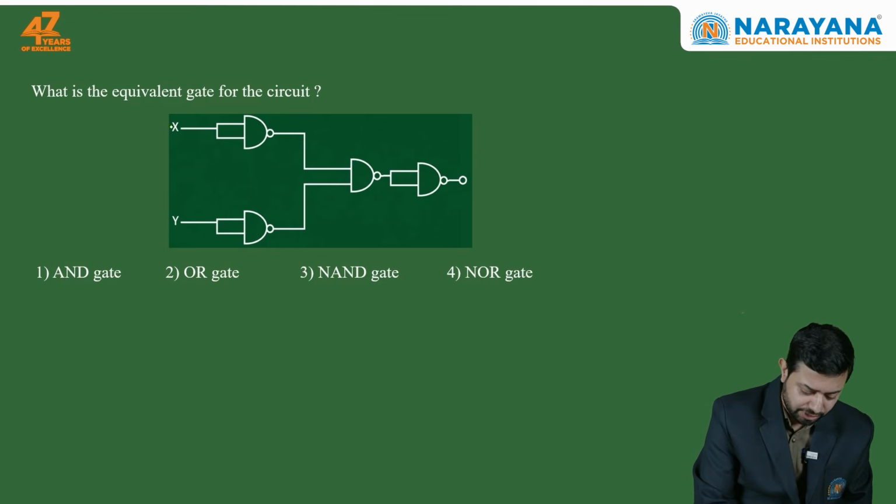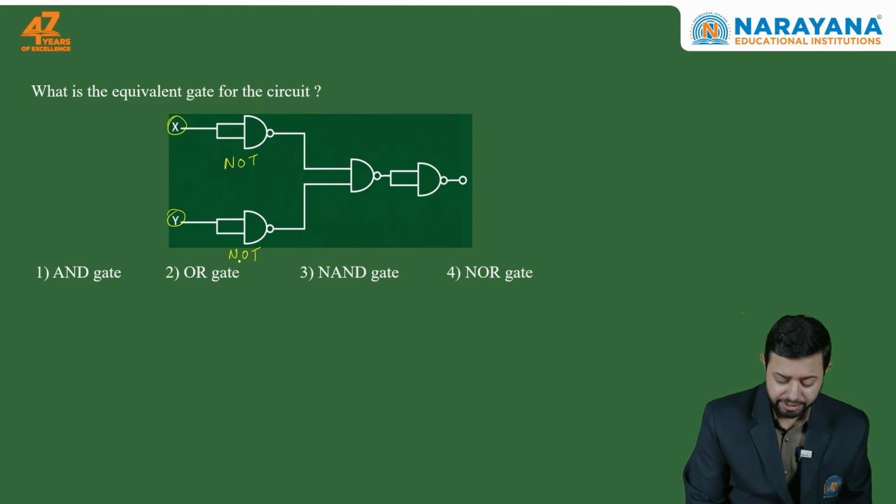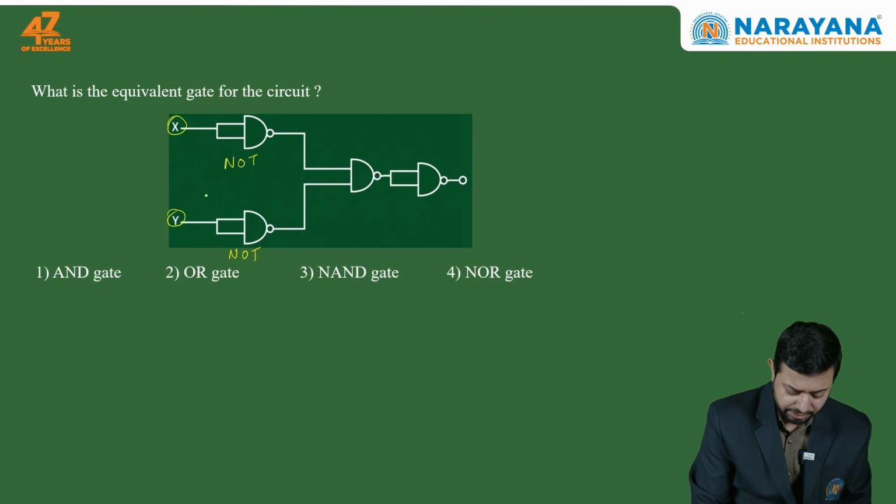You can see the inputs are two, x and y. This is going to behave like a NOT gate, and this also a NOT gate. If these are NOT gates, then the output at this point is x bar, and here we have y bar.